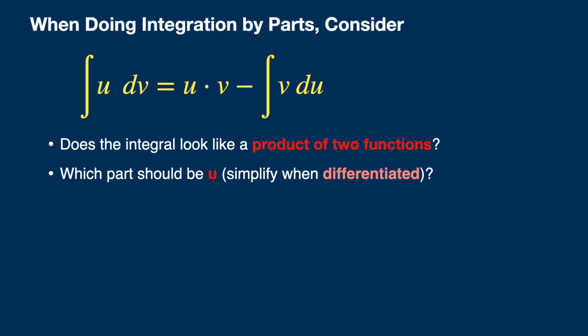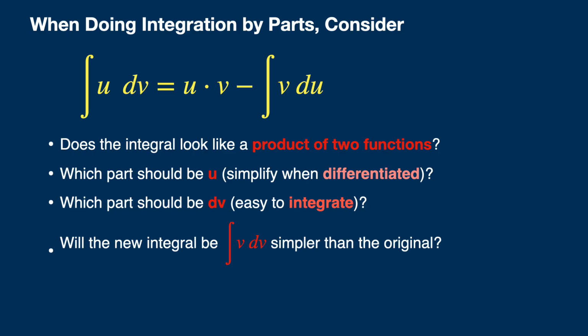That's the one thing you use to decide u. Second, what is dv? Does integrating it make the integration easy? Third, the new integral of v du should be simpler than the original. Those are the three things you have to consider when you do integration by parts.